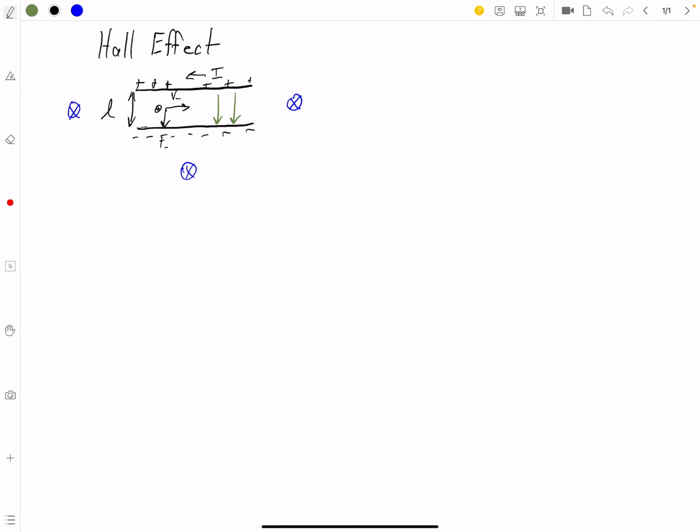So we've got our force of the E field is equal to our charge q times our E field. And we've got our force of the B field, and that's equal to q times the velocity times our B field. And those actually balance out. So we get a drift velocity.